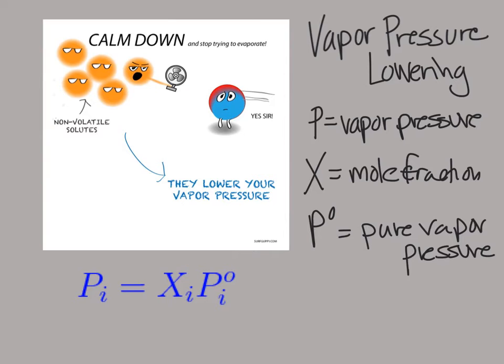So you will need to look up the pure vapor pressure and calculate the mole fraction, and that will tell you what your new vapor pressure is. And these all have a factor here of i, because it's telling you that it needs to be for the same substance. So if you are considering water, then you would need the mole fraction of water and the pure vapor pressure of the water to find the new vapor pressure of the water. So you need to have consistency among your terms.